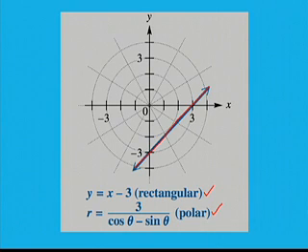But in terms of r equals 3 over cosine theta minus sine theta, you can see that we've put it into the polar coordinate system with the circular graphs going out.